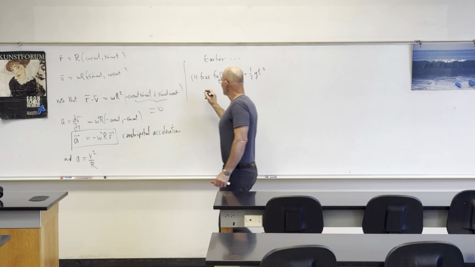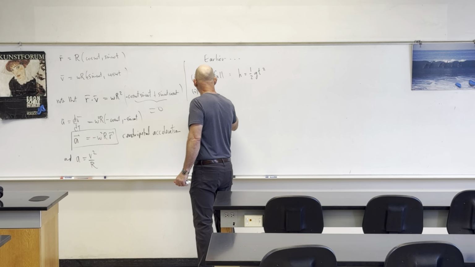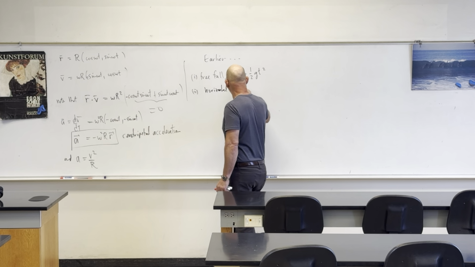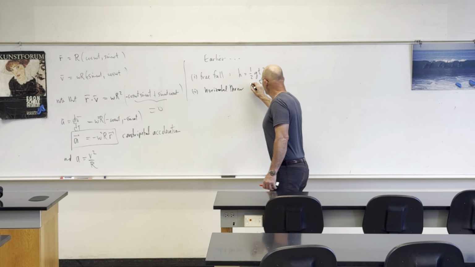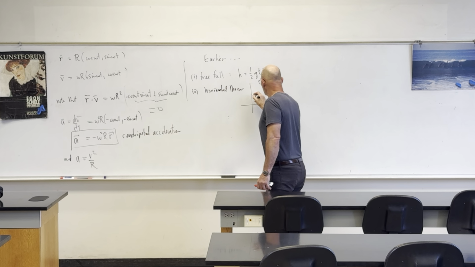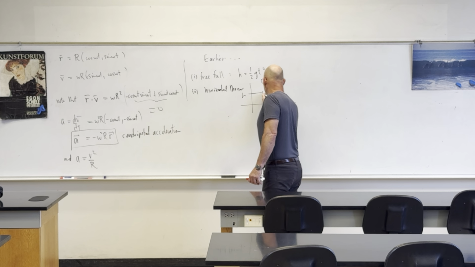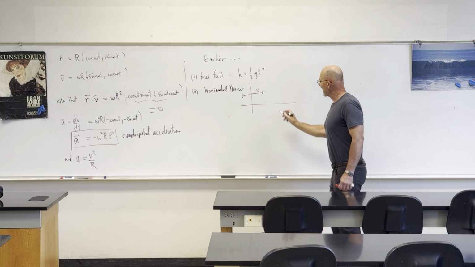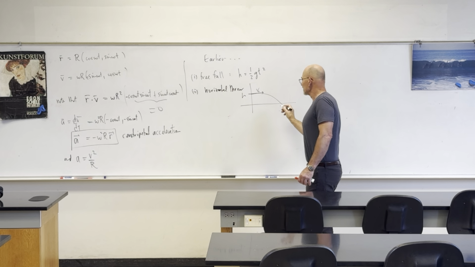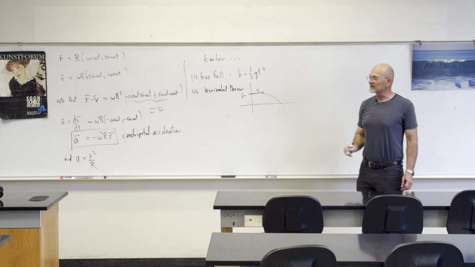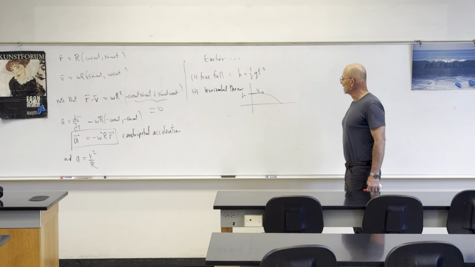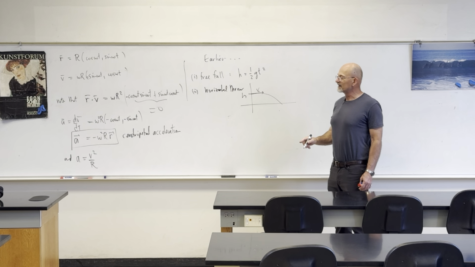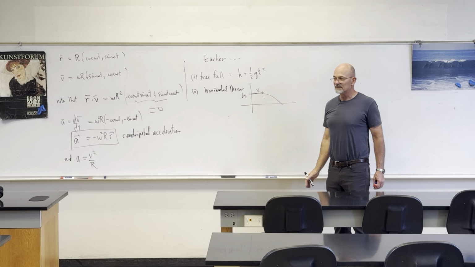Then the second ingredient, you'd have the horizontal throw, as I'm going to call it, and we've got a picture of us launching with some speed, I'll call it v naught, from a height h. We get a projectile, we get an arc. And the key here is that if I double this initial speed, it doesn't change the time to fall.